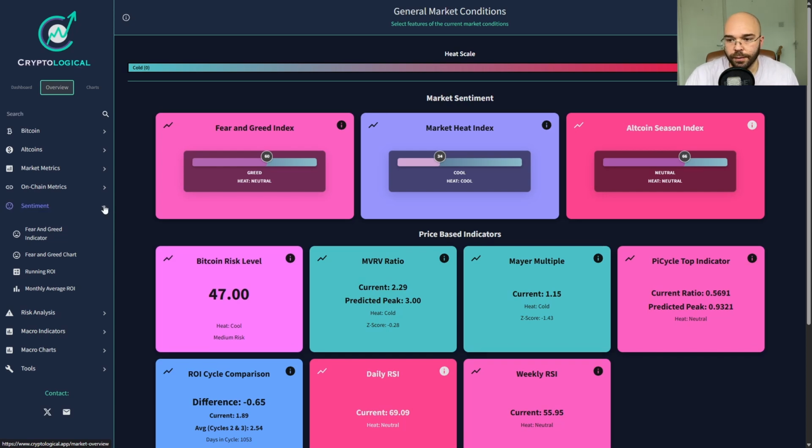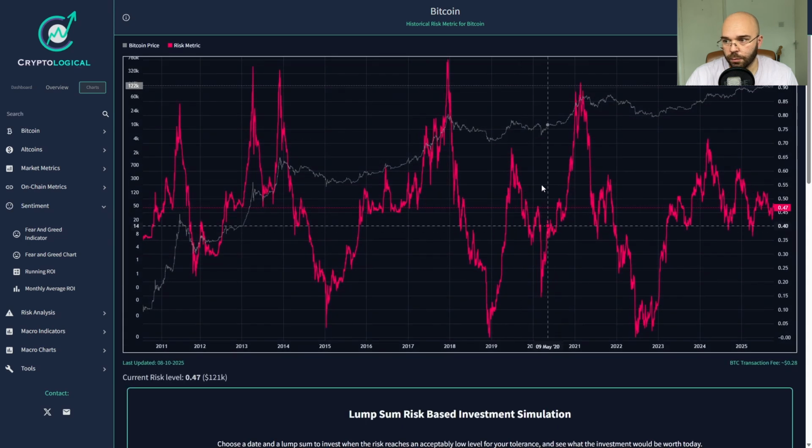I'm not sure the risk level is going to go up as high as we saw in the previous 3 cycle tops. I just can't imagine it getting there. I think if it does get up there, the price is going to correspond to a value over 300,000, which is highly optimistic in my opinion. I think we're probably going to be closer to 150 to 180.